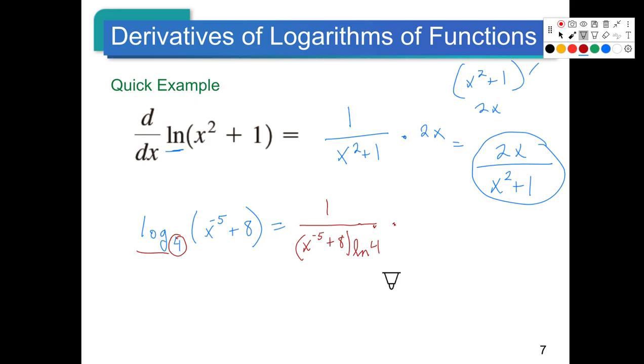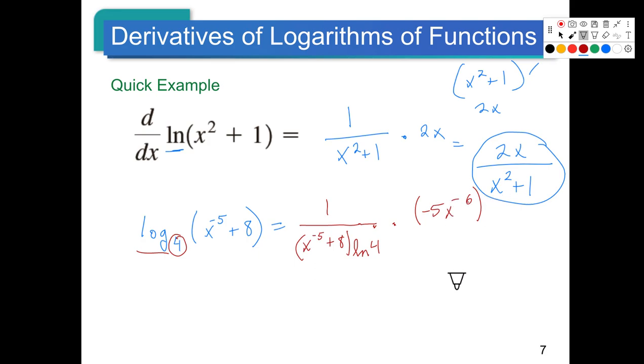Derivative of the inside. What's the derivative of the inside? Negative 5x to the negative 6. Right, we subtract 1 from the exponent. Derivative of 8 is 0. And again, you could put this up in the numerator, or since it's got a negative exponent, you could move it to the denominator and make it positive, however you want to do it.